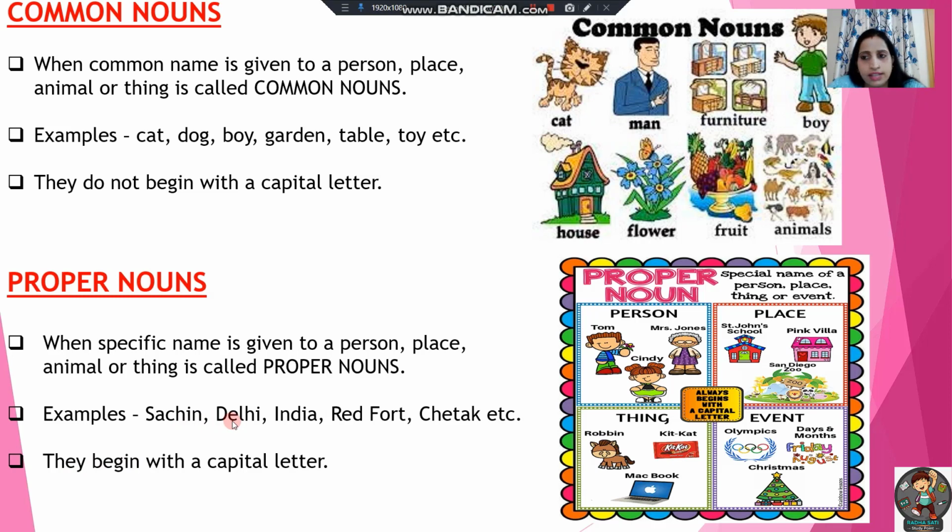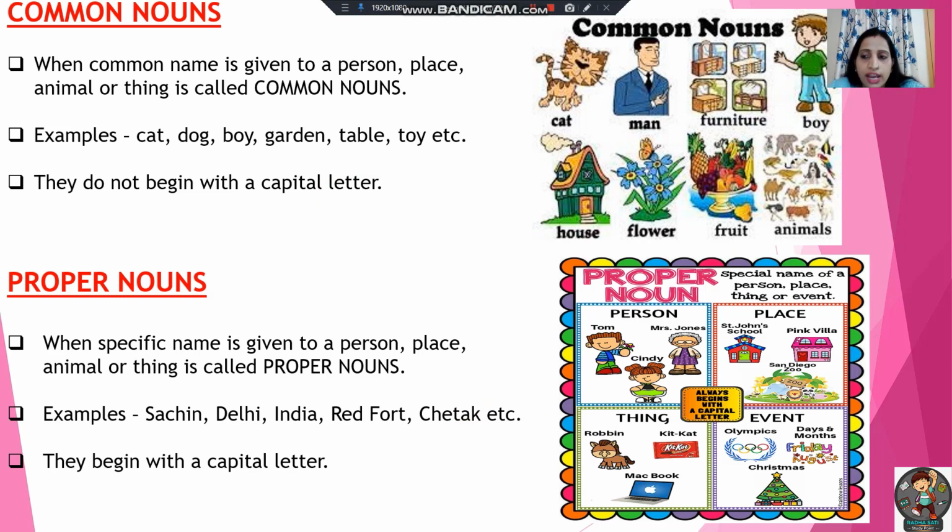Similarly, Delhi is the name of a place. India, you all know it is the name of a country. Red Fort, name of the monument. Similarly, Chetak. Chetak, we can take it as the name of a horse. For example, if I talk about a horse, so that will be a common noun. That is a name of an animal.